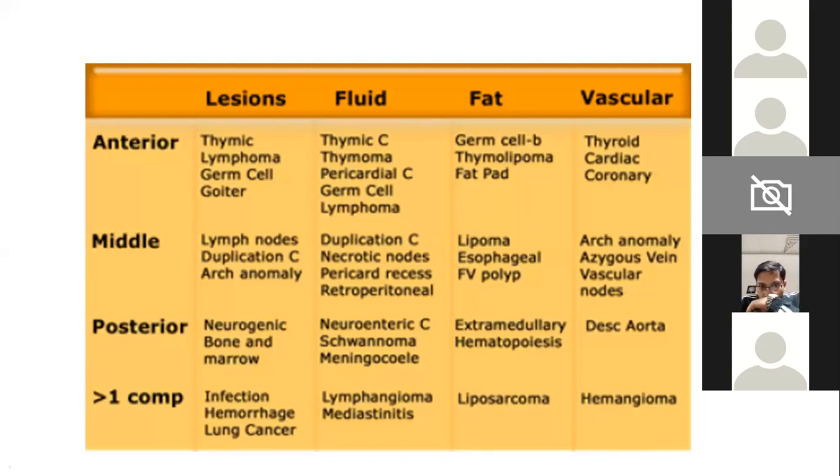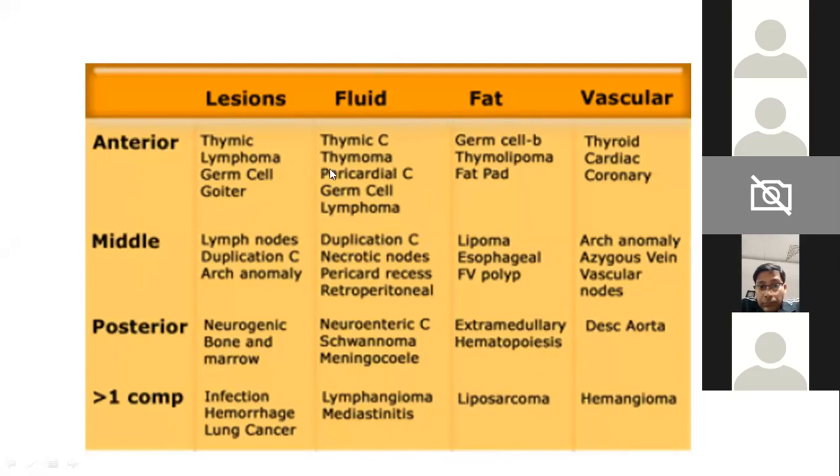So this is from the Radiology Assistant, based on tissue composition. We can have different lesions, right? First we have to localize the lesion to which mediastinum. Some masses, if they are very large, can extend across more than one mediastinal compartment. Then look for any fluid. If it is a pure cyst, there are some cystic lesions like duplication cysts, neuroenteric cysts, bronchogenic cyst.